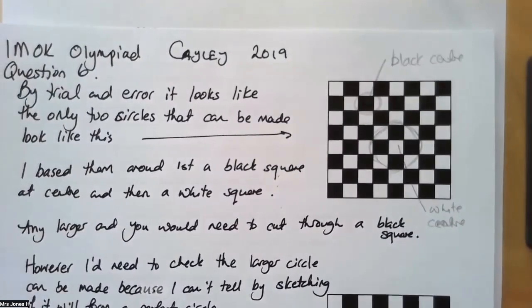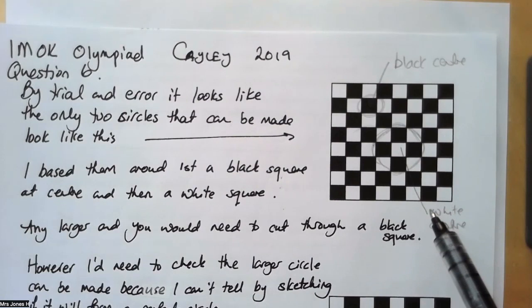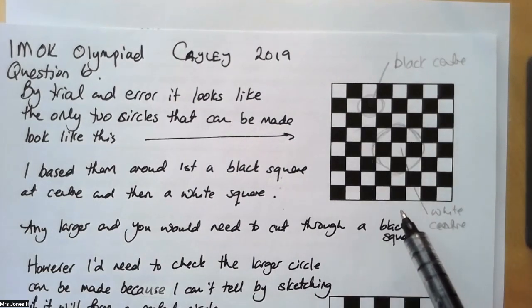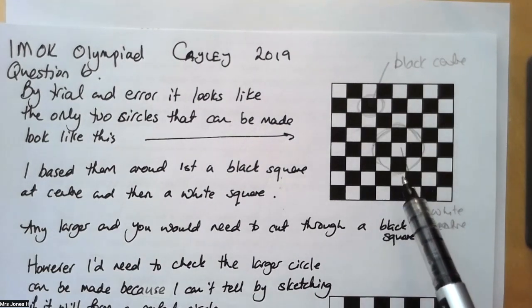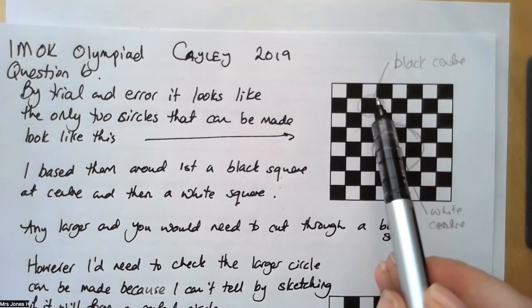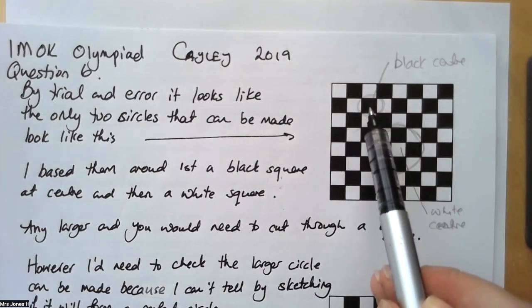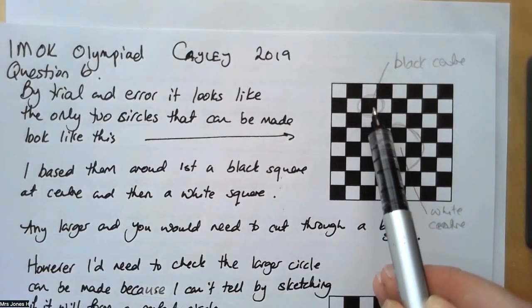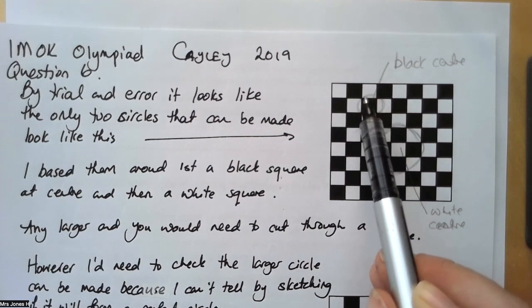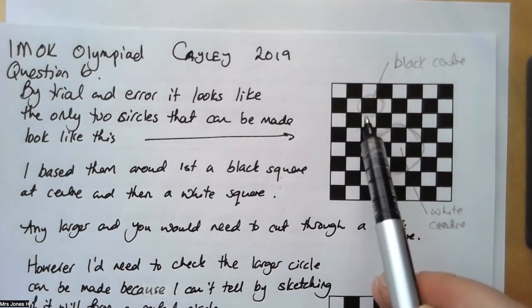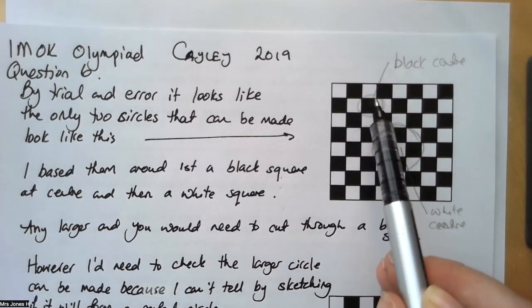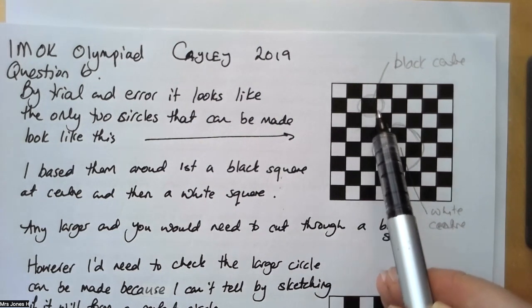Now, what I did to work this out, in the actual test, was to draw this out or sketch it out, and then have a play. I'm starting with a black square in the middle, and I think I can draw a circle that goes through each of the vertices of that black square.